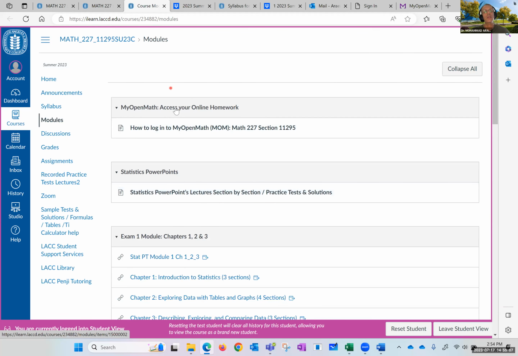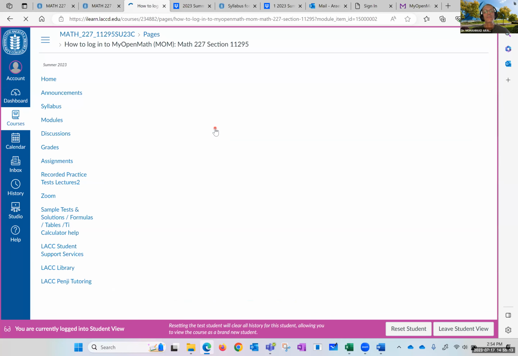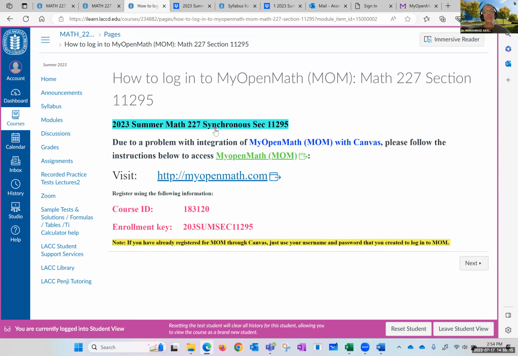The very first thing is accessing your online homework. If you click on this, it tells you to go to this website. It will ask you for the course ID. It will ask you for the enrollment key, and you basically register.